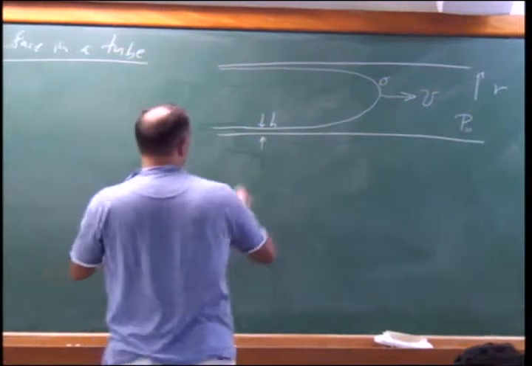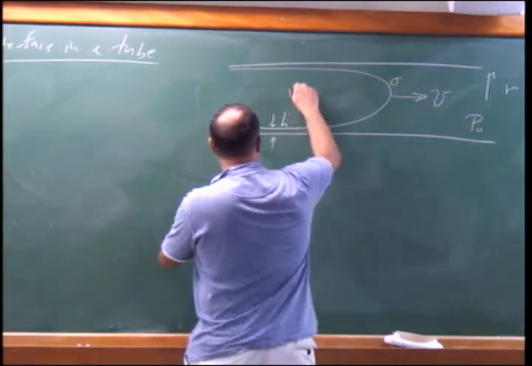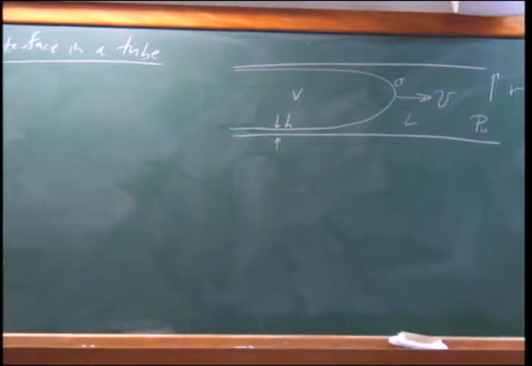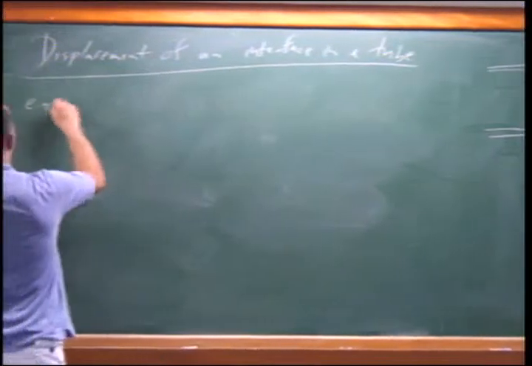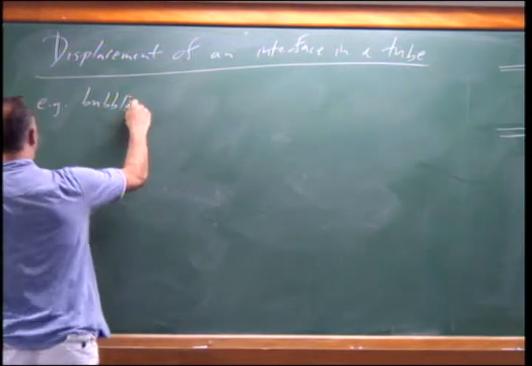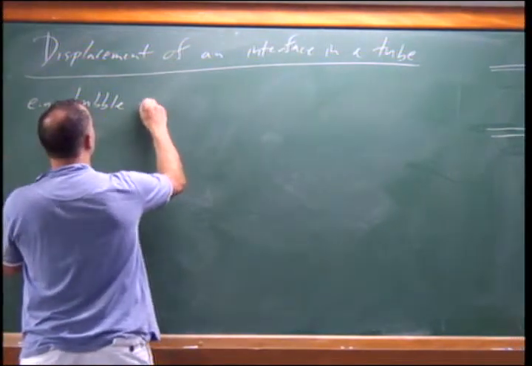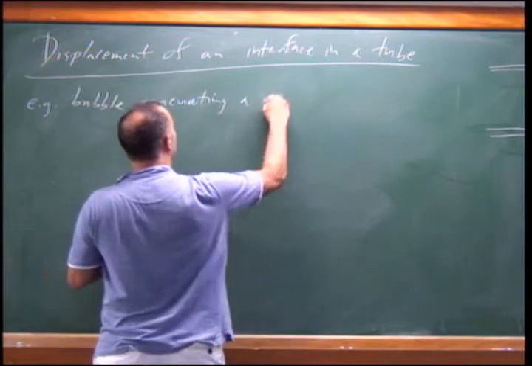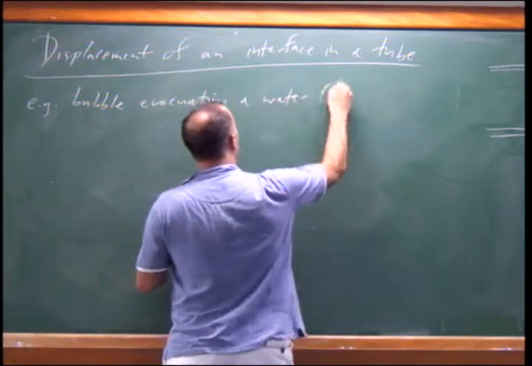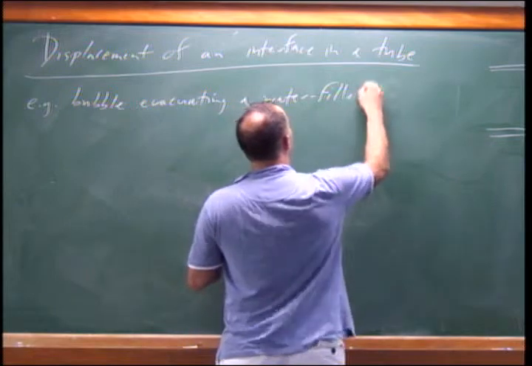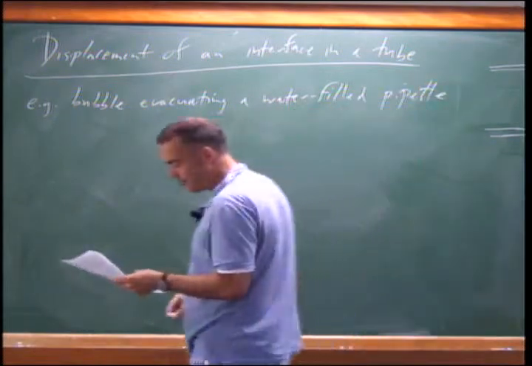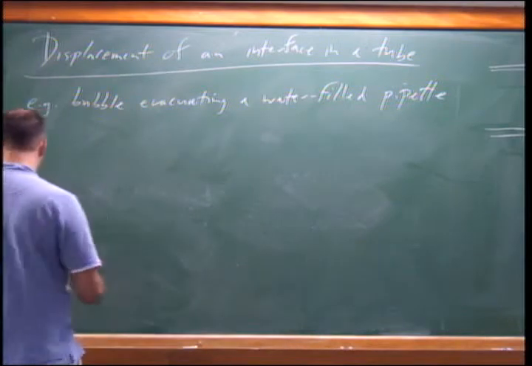Imagine this is vapor, imagine this is liquid. You can also imagine that it's, again, oil, water. So examples: a bubble, a pipette, and if you've ever set foot in a lab, you've seen that.